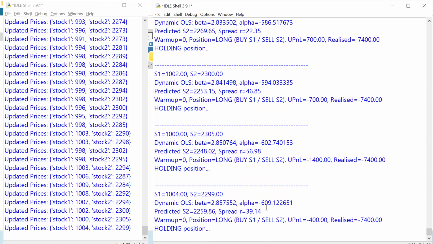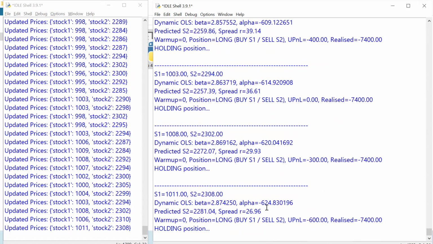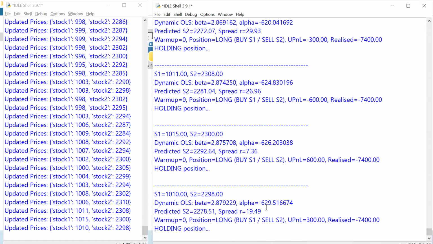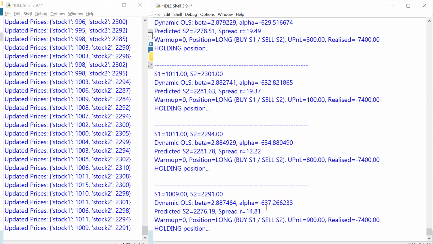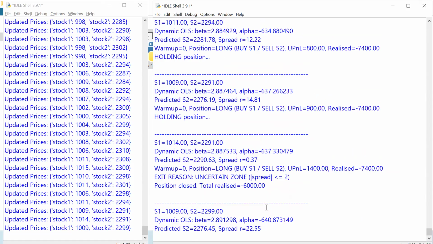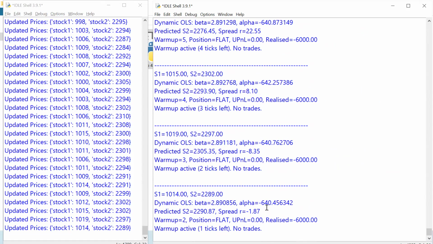Okay, again S1 has fallen. The spread is almost very huge. Okay, we come out of the trade. We got a profit. The spread is very narrow, so it has come out of the trade.